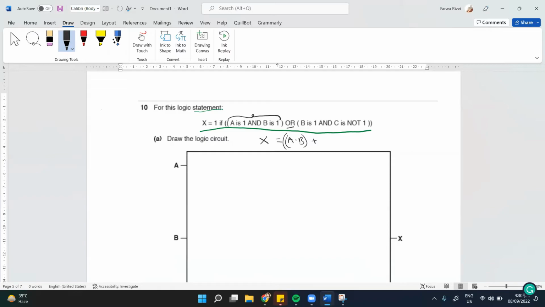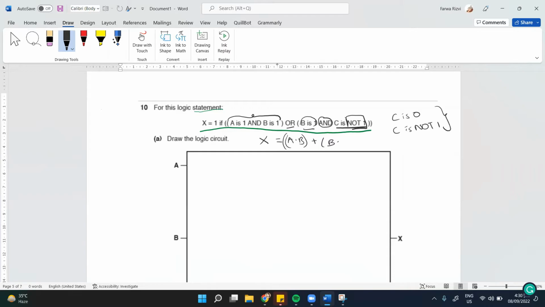Yes. And so the next bracket we have is B is 1 and C is not 1. So they told us B is 1, so we know that we could just write B first. Then they had an AND gate here. So AND gate is the dot, right? Yeah. And C is not 1. That means they're using the NOT gate. Sometimes they won't write not 1. Sometimes they could write C is 0, or they could write C is not 1 like they did here.